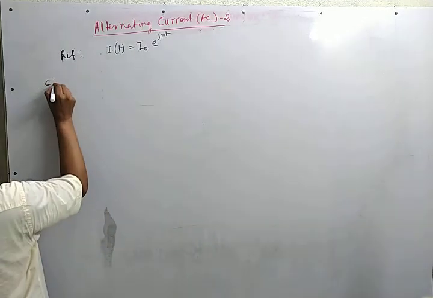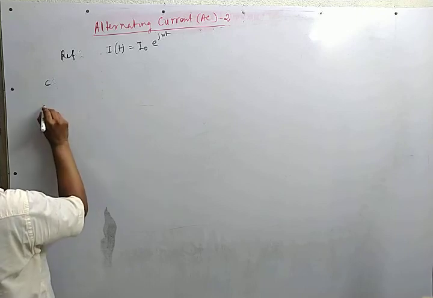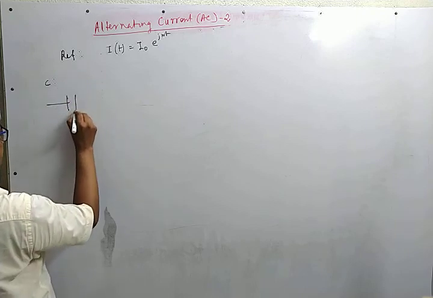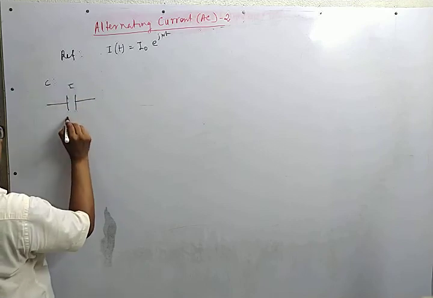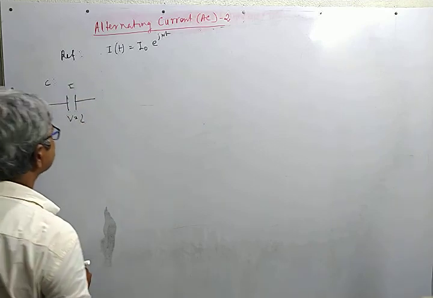The capacitor is this. We have a capacitor C and a reference current is there. What is the voltage across the capacitor?